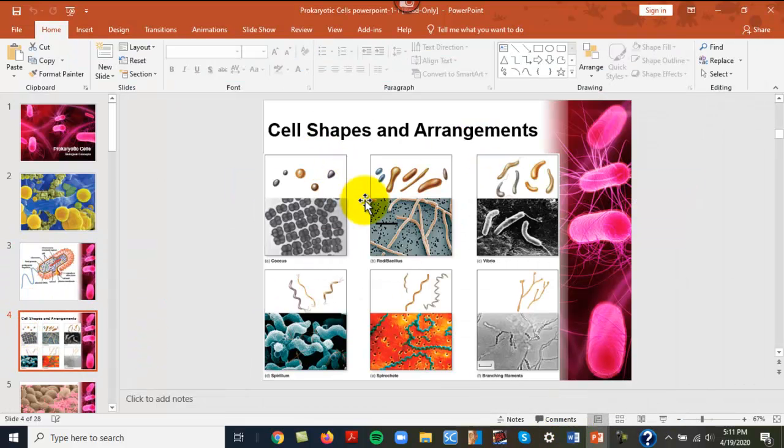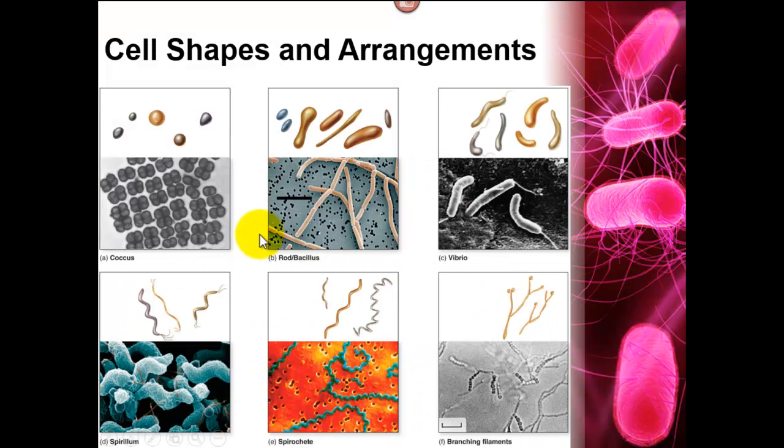Here are some examples. There's cocci. I could probably get some better pictures than this. This is actually a group of cocci, looks like 2 or 4, in packets. Here are the rod-shaped bacteria. Vibrio, or comma-shaped. Here's the spirillum.